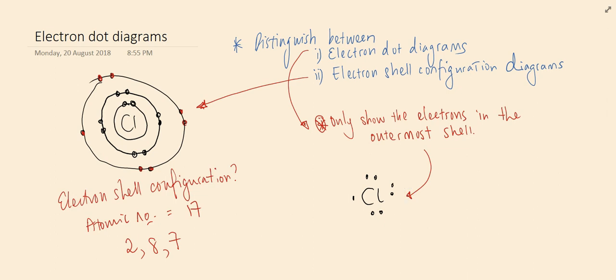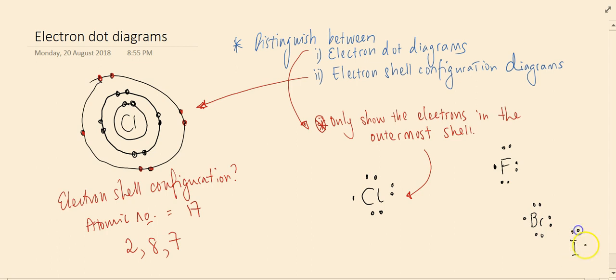Other examples of electron dot diagrams for other halogens: fluorine also has 7 electrons in its outermost shell. Bromine also has 7 electrons in its outermost shell, so we draw its electron dot diagram like this. And iodine also has 7 electrons in its outermost shell.